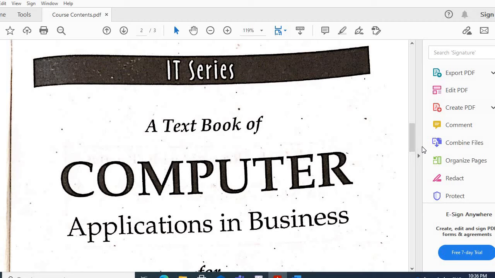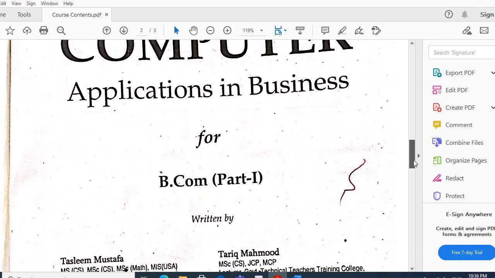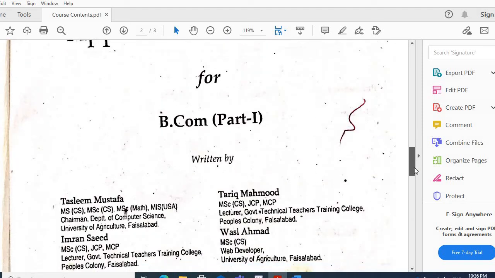If you purchase this book, it is good. If you do not like to purchase this book, then also I will share the content of this book with you, which I will teach you during this semester.